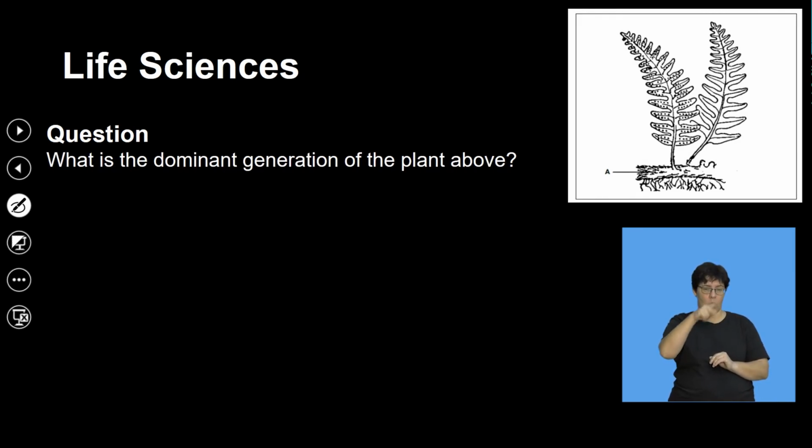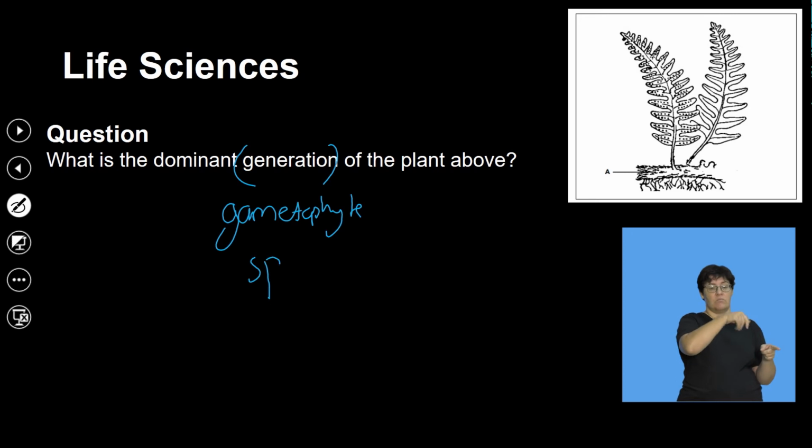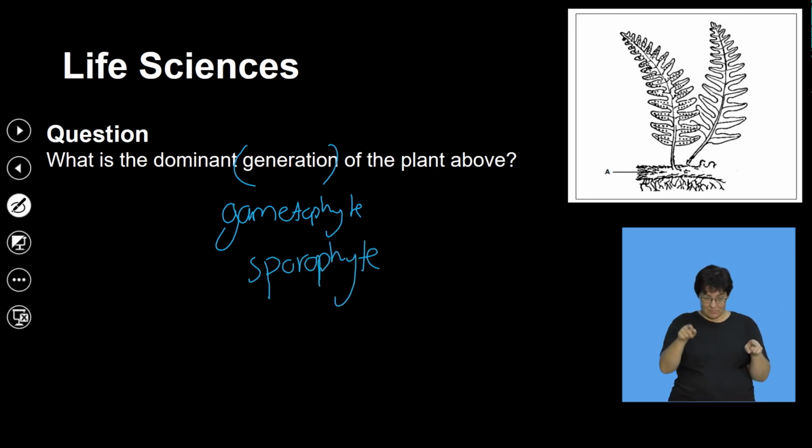Okay, the next question. What is the dominant generation? Now remember, you had 2 generations: the gametophyte and the sporophyte. Now what do we know? The only plant group that had gametophyte as its main generation was the moss. And this is not the moss.